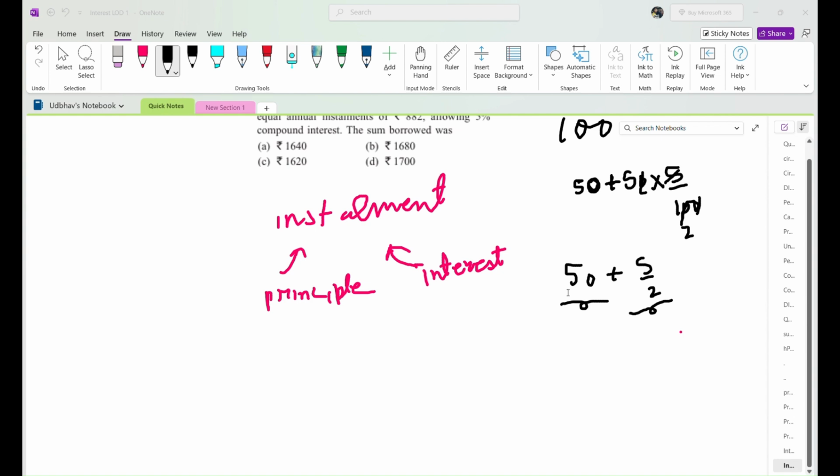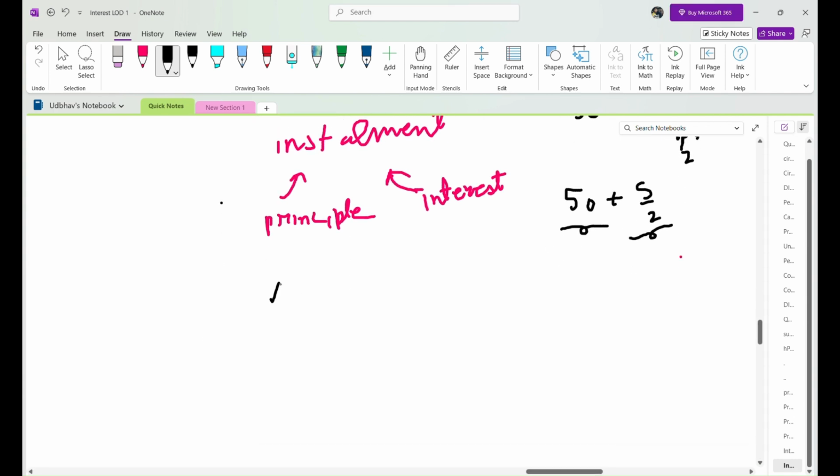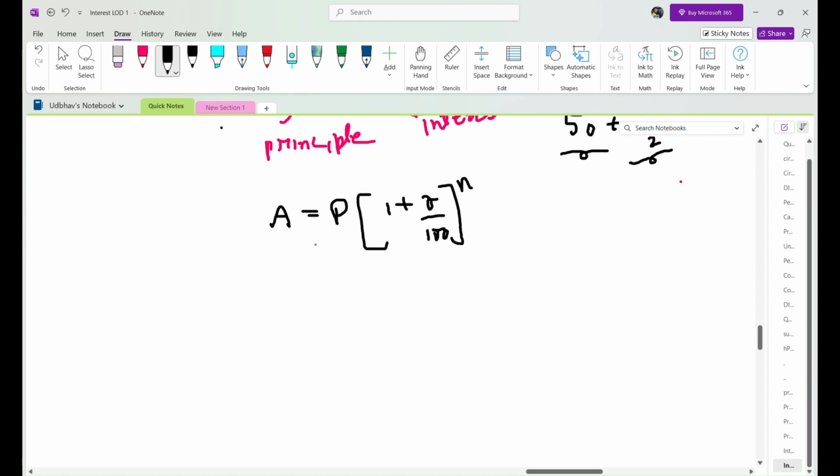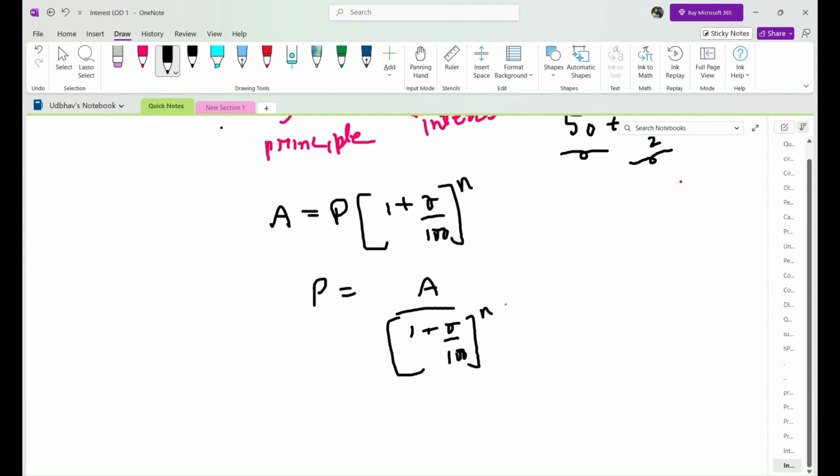Maybe every year he will charge you 5% extra on what is left unpaid, right? So the formula for the amount in compound interest was P times 1 plus r upon 100 to the power n. We can rearrange this formula to get principal equals amount upon 1 plus r upon 100 to the power n.